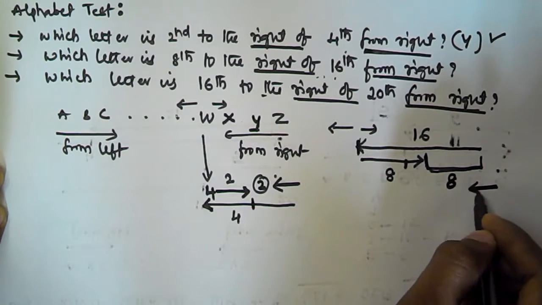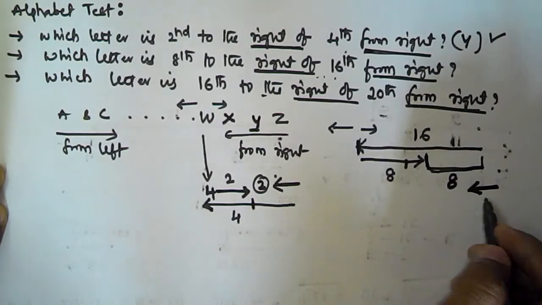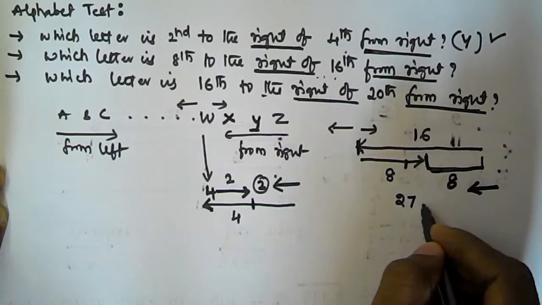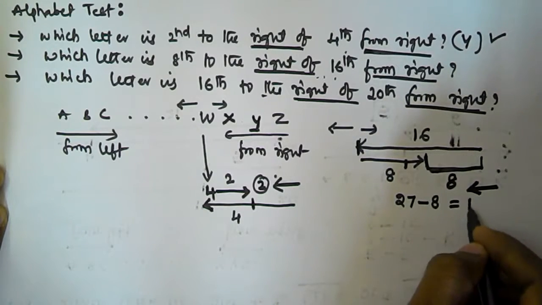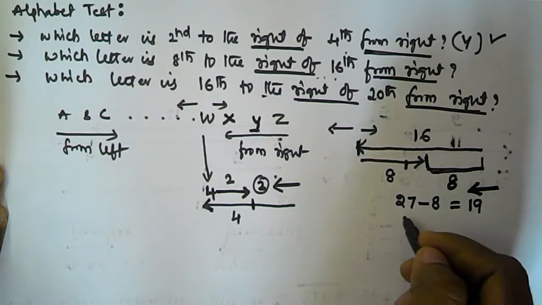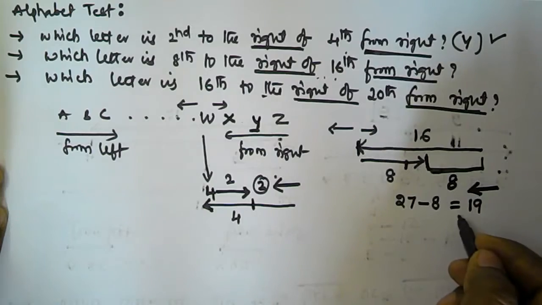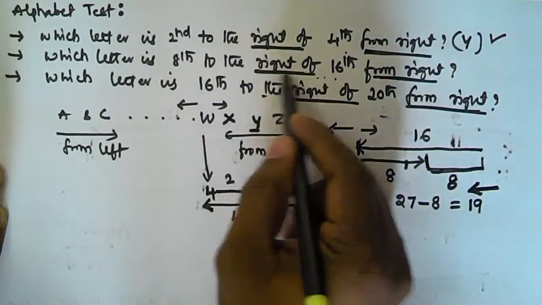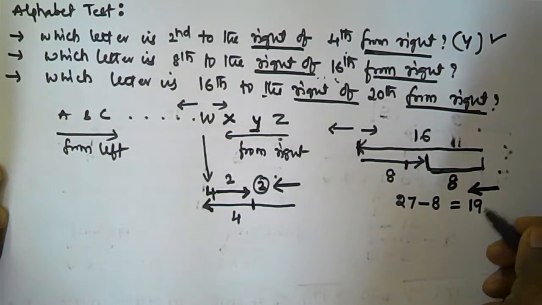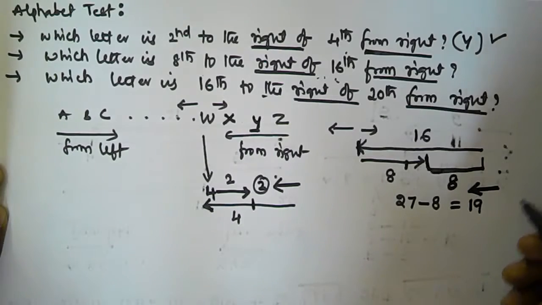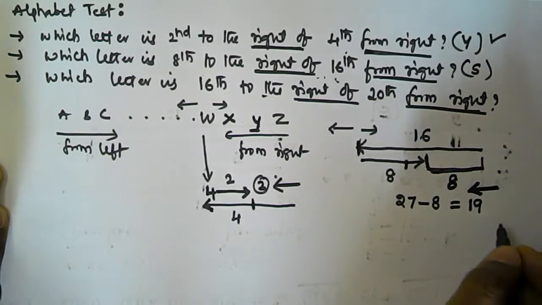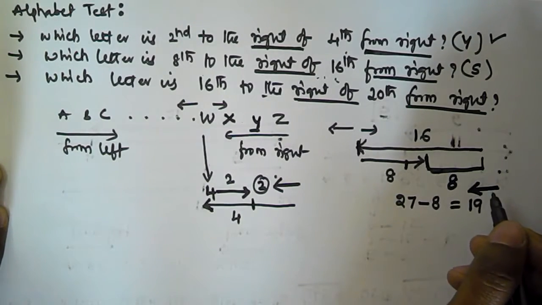Whenever we have to find the 8th from the right hand side, we have to subtract that number from 27, because in the second video I told that whenever we are counting from right, we subtract from 27. So 27 minus 8 is 19. 19 means S, by using the OTY rule. So it is going to be S.